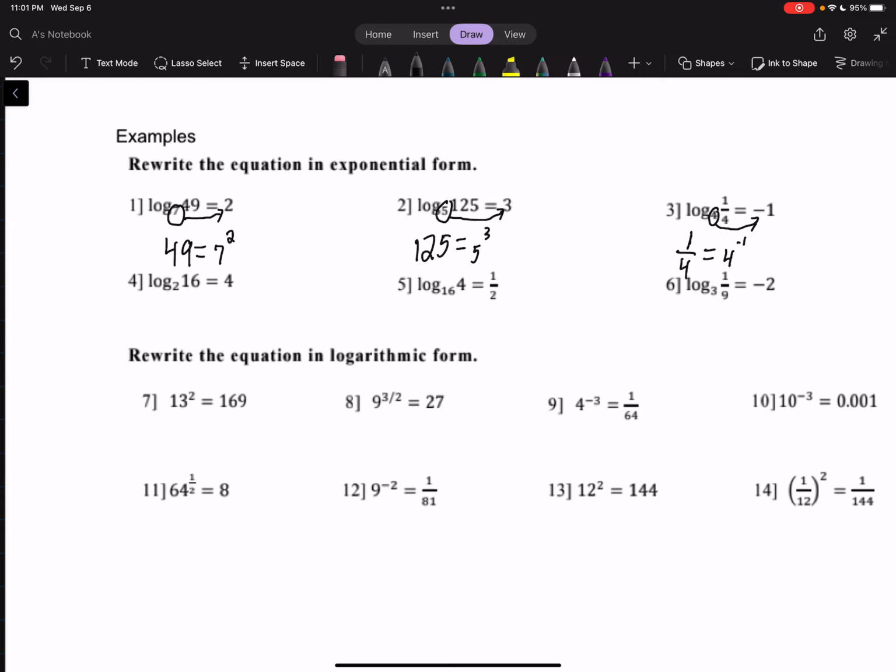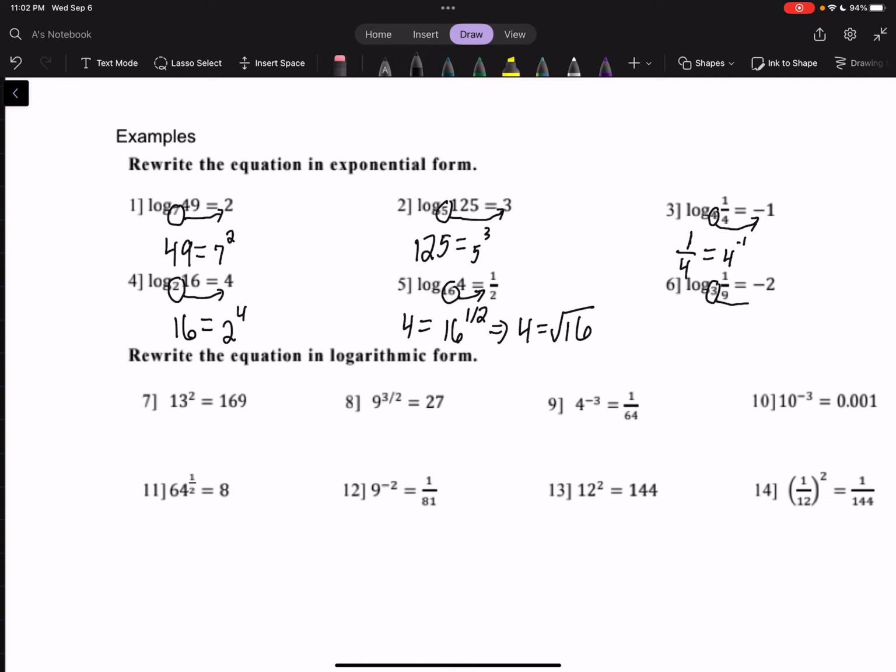Okay, number 4. Taking your 2, shoving it under the 4. Number 5, get your 16, shoving it under the 1/2. So we're going to have 4 equals 16 to the 1/2 power. Again, this is the same thing as 4 is equal to the square root of 16. 1/2 power is the square root.